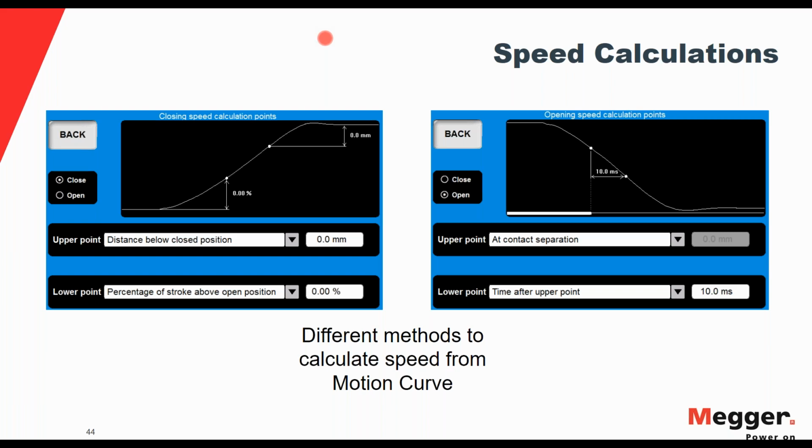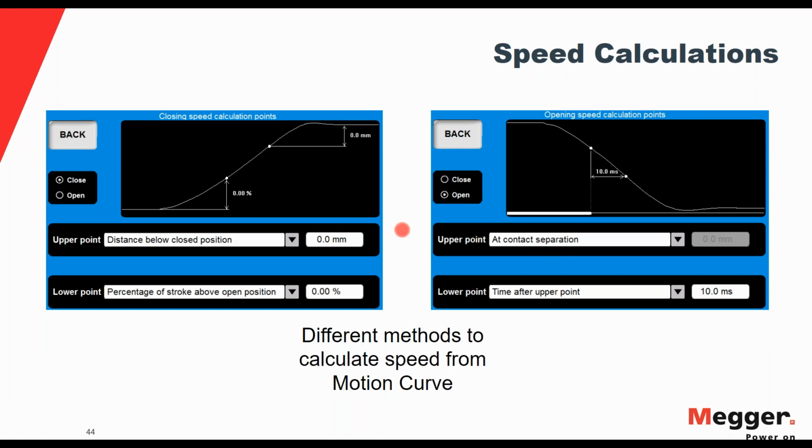There are different types of definition for these 2 points. The upper and lower point, you can define them as a distance from being closed as this much value, or at contact separation, or a time after the upper point, to give you the most optimal value.